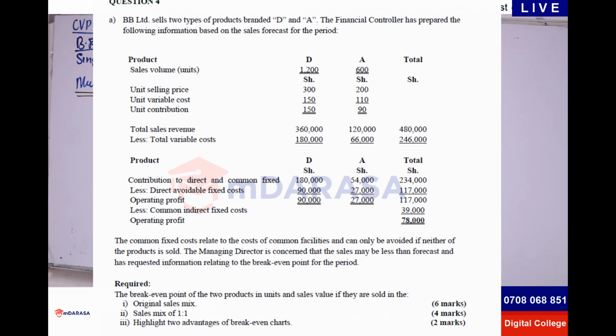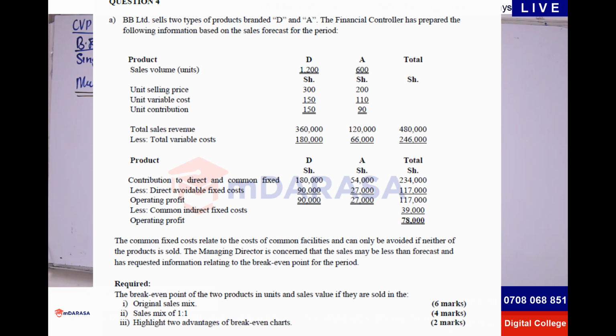In our question, my good students, our examiners told us that the common fixed cost in this case relates to the cost of common facilities and can only be avoided if neither of the products is sold. The managing director is concerned that the sales may be less than the forecast and has requested information relating to the break-even point for the period.